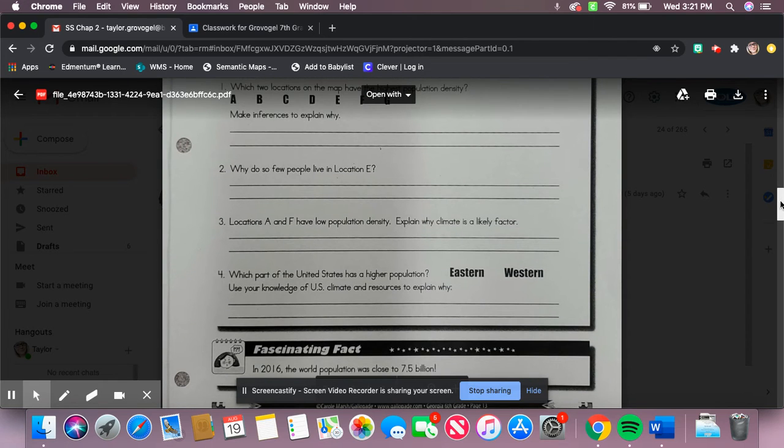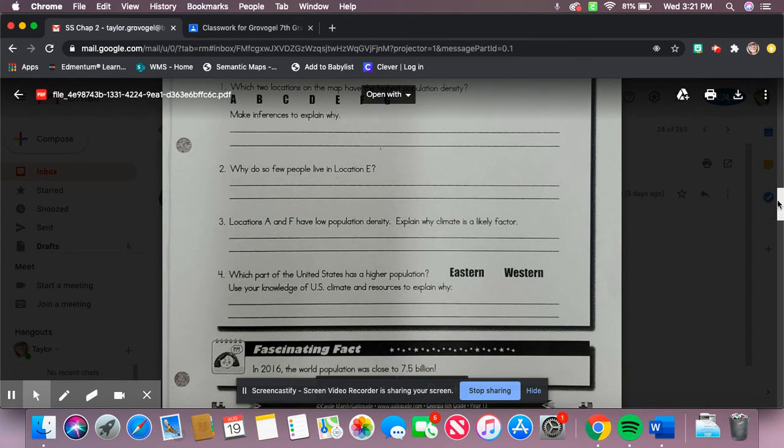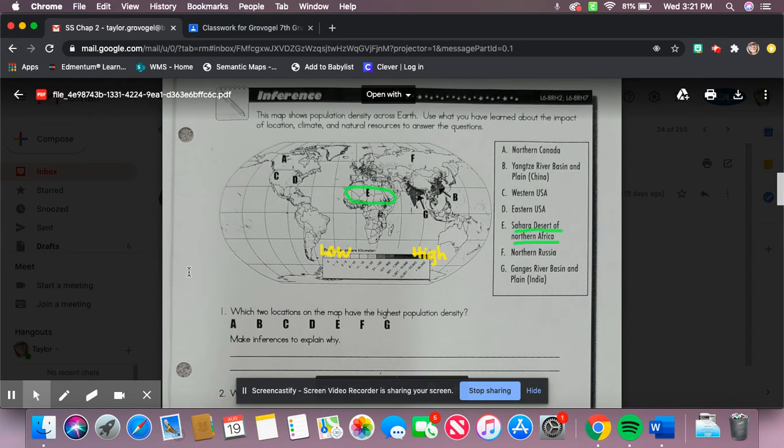All right, let's look at question 3. We're almost done. We've got 2 more. It says locations A and F have low population density. Explain why climate is a likely factor. So let's go look at the map. I'm going to use pink this time. Location A and location F. Location A says it's northern Canada.